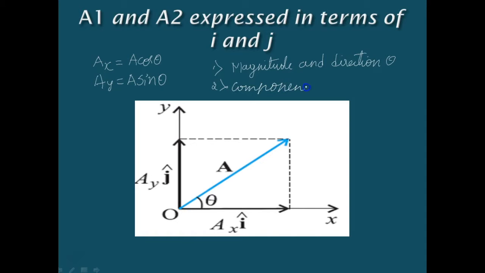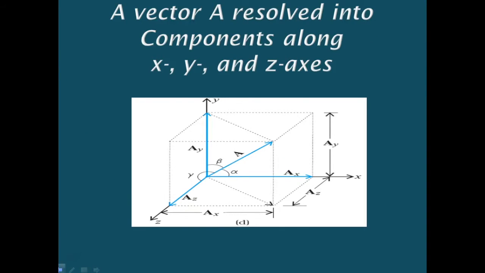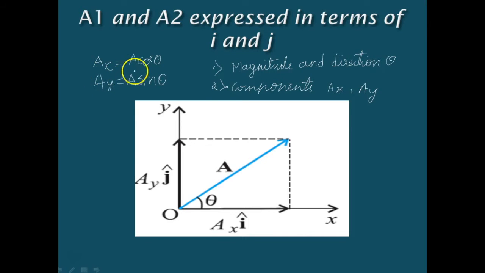So A can be represented using ax into i cap plus ay into j cap, where ax is a cos theta and ay is a sin theta using simple trigonometry. So these are the different methods using which we can represent a vector A.